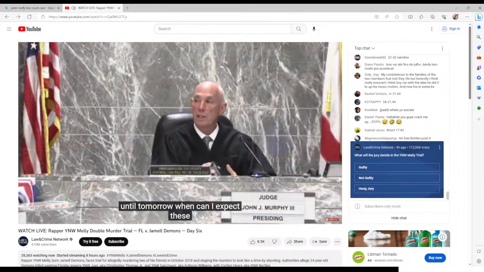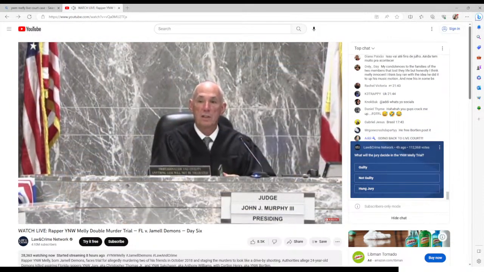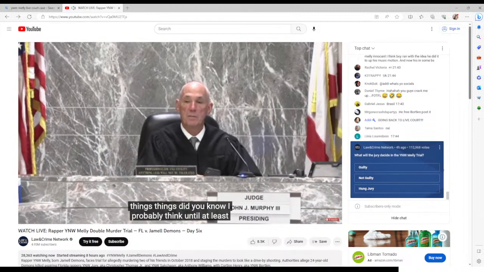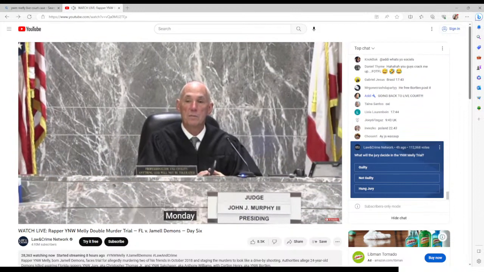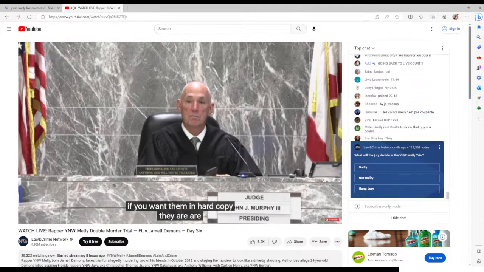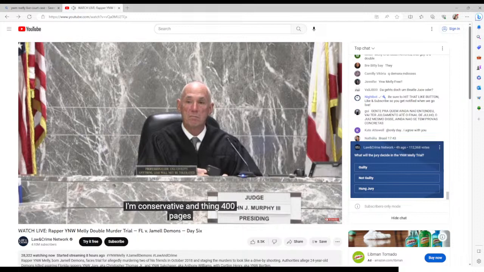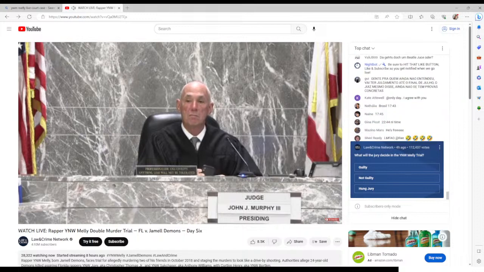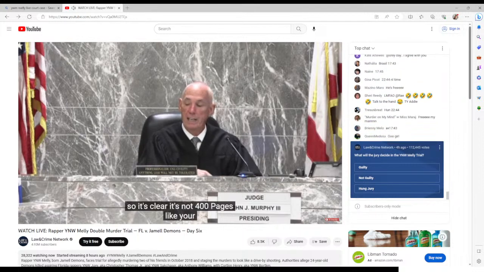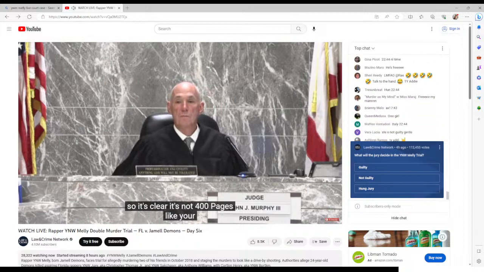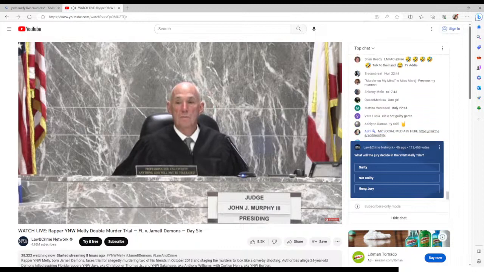Adjourned till tomorrow. When can I expect these? They are digital. I think they'd probably take until at least Monday. Because if you want them in hard copy, I think I'm conservative in saying, 400 pages. Now, so it's clear, it's not 400 pages like a deposition transcript.